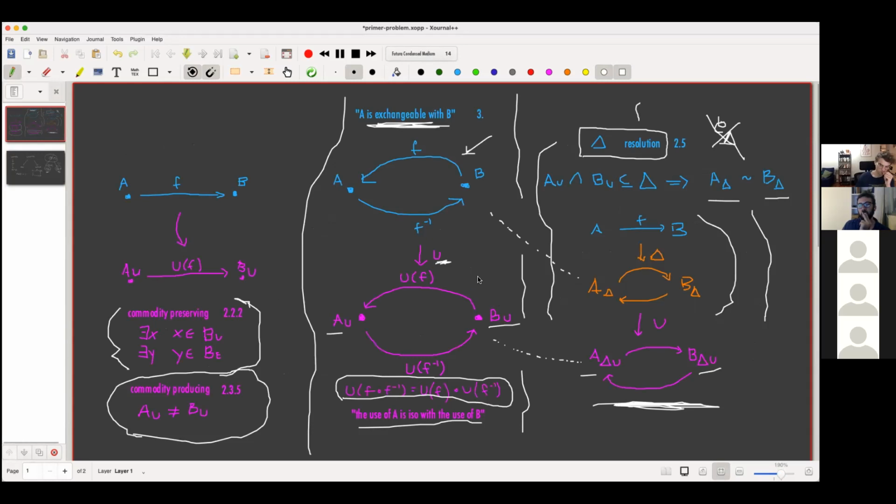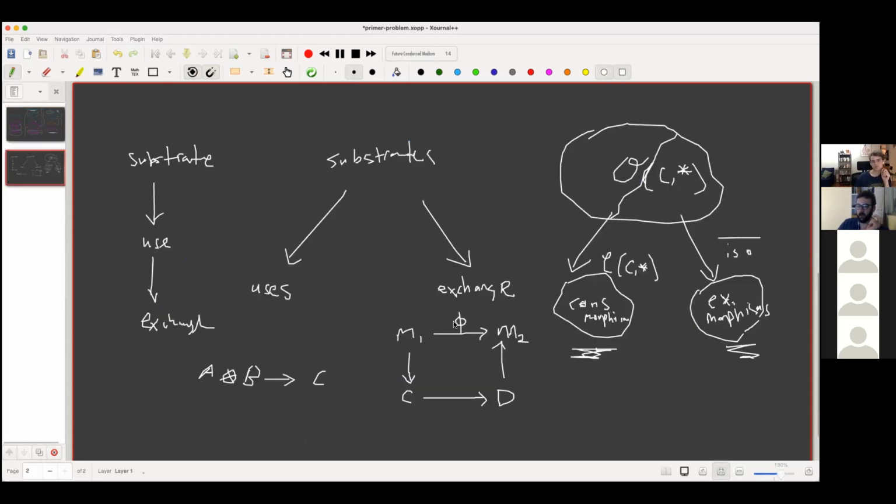Because we're interpreting isomorphism as exchangeability, but isomorphism is a more general concept. Yeah, but there are two ways to solve this, right? Either by changing this property as a defining one, or by removing this as the way you connect use and exchange, right?